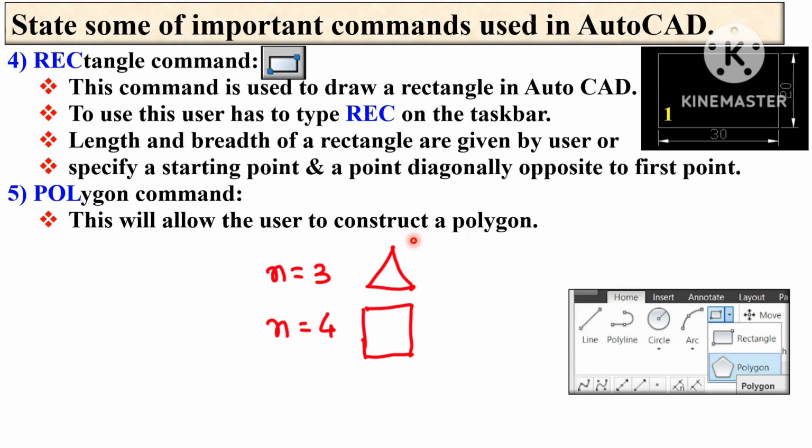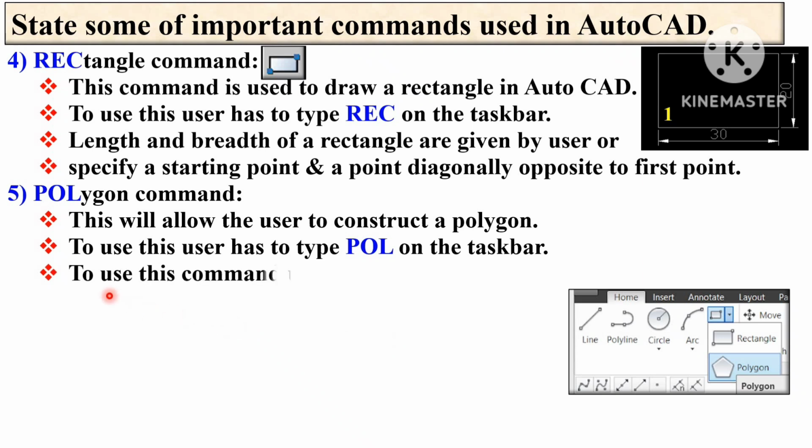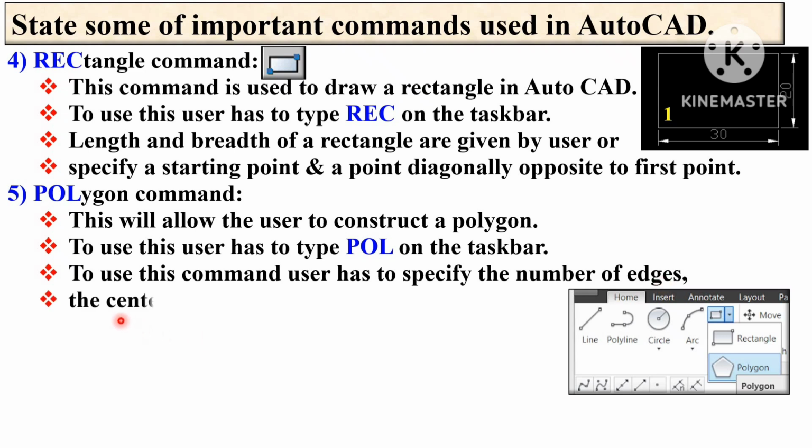So you can create any polygon. To use this, the user has to type POL on the taskbar. So POL is the short key. To use this command, the user has to specify the number of edges, then the center of the polygon also. So particularly for the polygon command, you have to specify the center of the polygon as well as the edges.